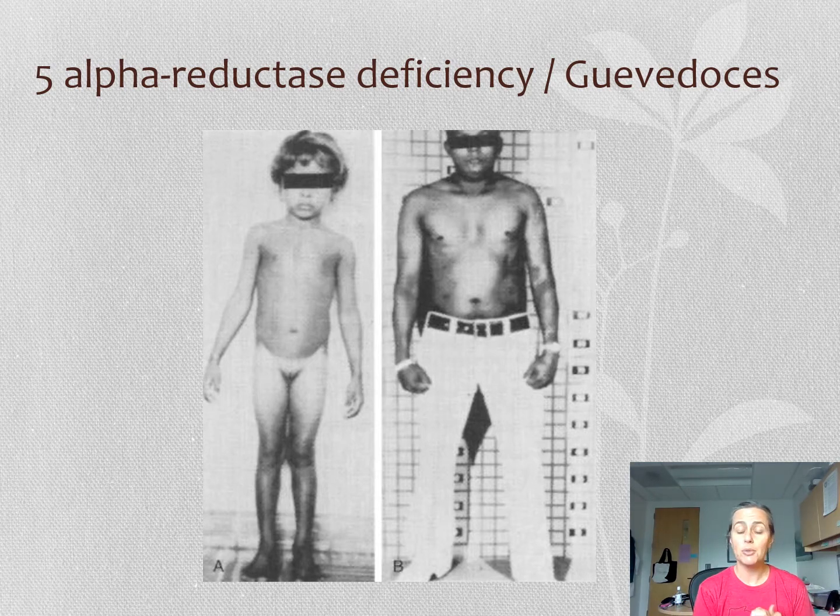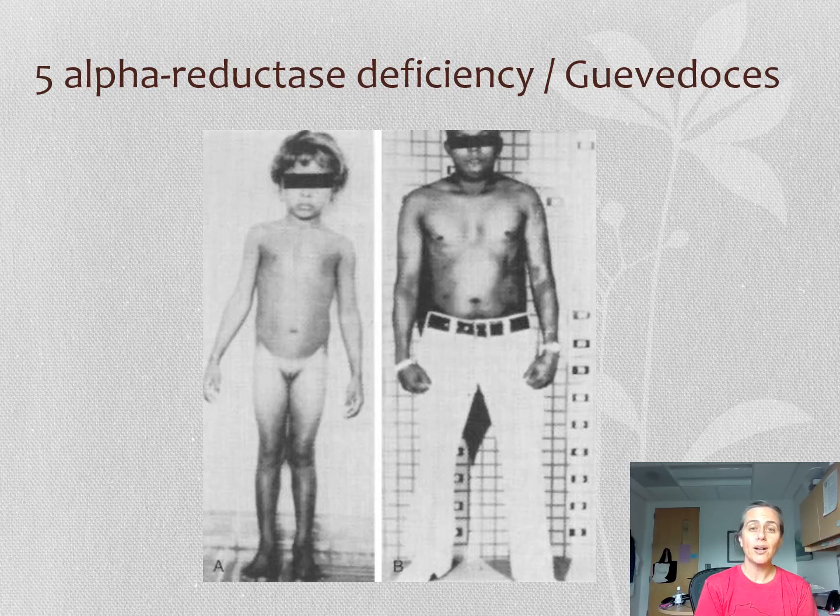Because of MIS, Mullerian ducts go away. Testosterone is there, and the Wolffian ducts can see it, so they develop and persist the way they normally would. The only thing that's different is the external genitalia, because they're missing that DHT because they don't have the enzyme to make it. So the external genitalia is going to be a vulva. It's going to be the female external genitalia.